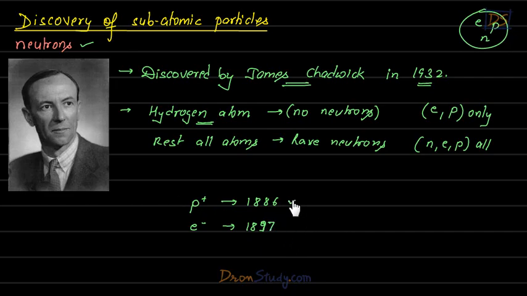So protons were discovered the first, then electrons were discovered, and finally neutrons were discovered at the last in 1932. Right, students? So it will be good if you can remember these dates. Sometimes they can be asked in your exams. Okay. So sequence is very important. That first proton was discovered, then electron was discovered, and at the end, most importantly, that at the end neutron was discovered.